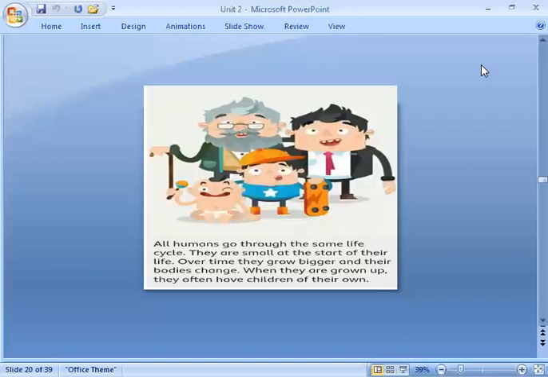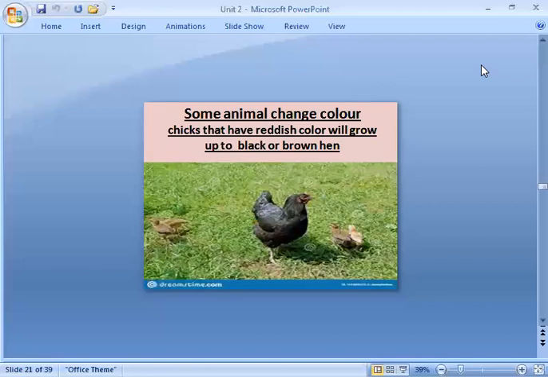All the humans go through the same life cycle. They are small at the start of their life. Over time, they grow bigger and their bodies change. Some animals change color. For example, chicks that have reddish color will grow up to black or brown hen.